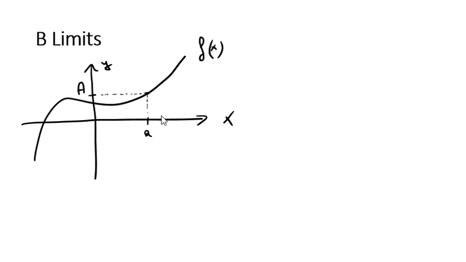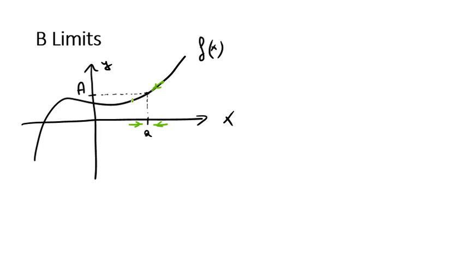So if the x value approaches a, that means if x gets closer and closer to a, so on the function you're for example here, you get closer and closer to a.